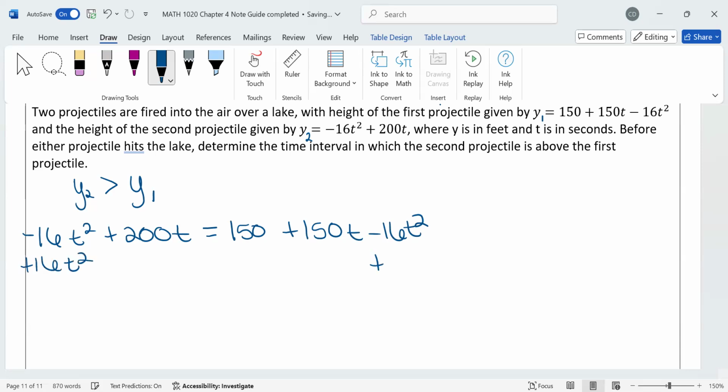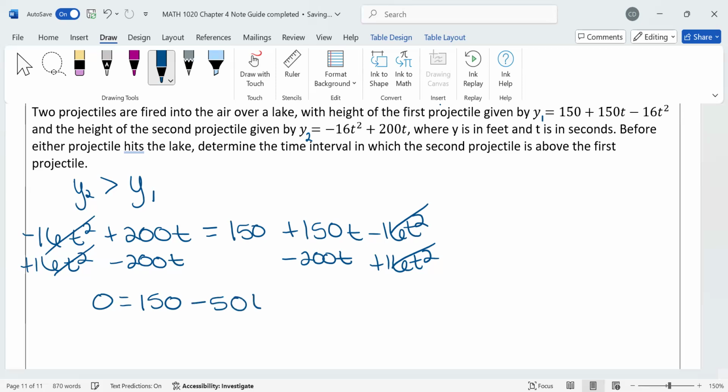If I add the 16t squared to both sides, those end up just canceling out altogether, which is fine. So let's move the 200t. Okay, so 0 equals 150 and 150 minus 200, so negative 50t.